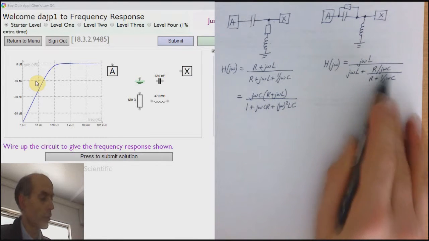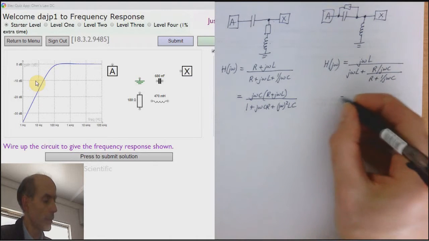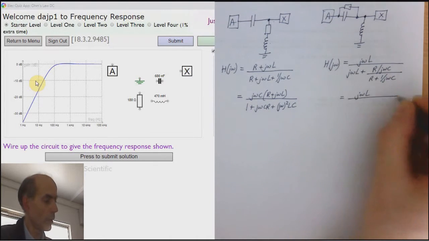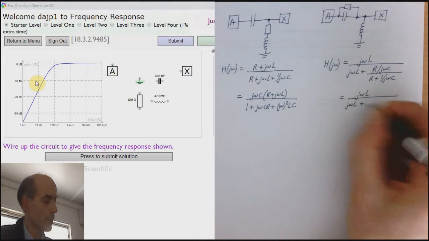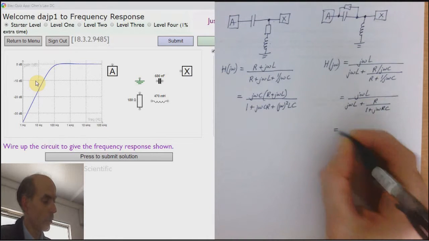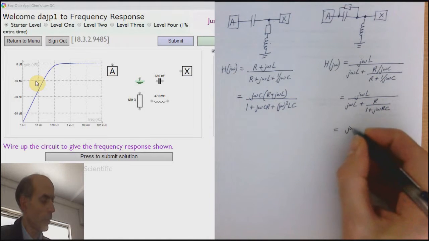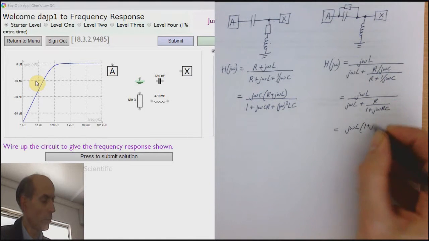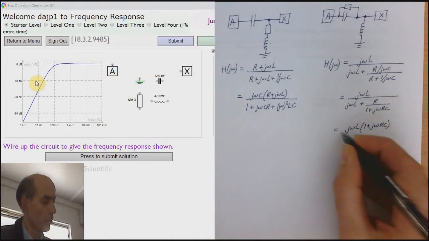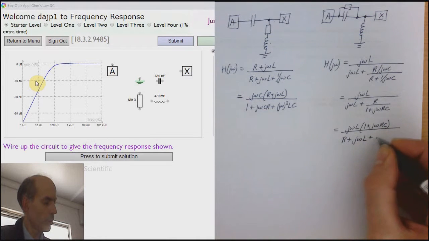Again, we want to put this into the form of the ratio of two polynomials. So first of all, in this term here, we'll multiply top and bottom by j omega C, and that gives me this slightly more pleasant formula, R over 1 plus j omega RC, and then multiply top and bottom by 1 plus j omega RC, and that would give me j omega L times 1 plus j omega RC divided by R plus j omega L plus j omega squared RLC.